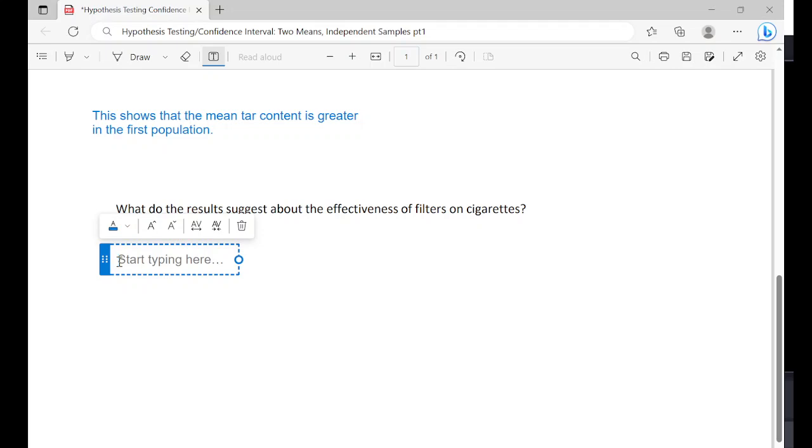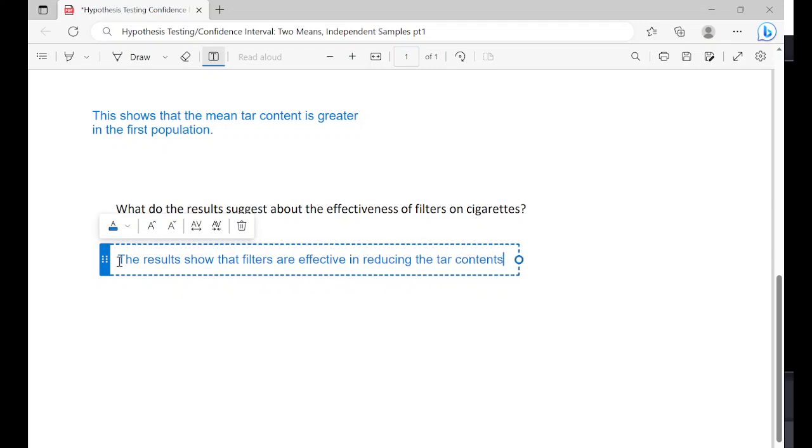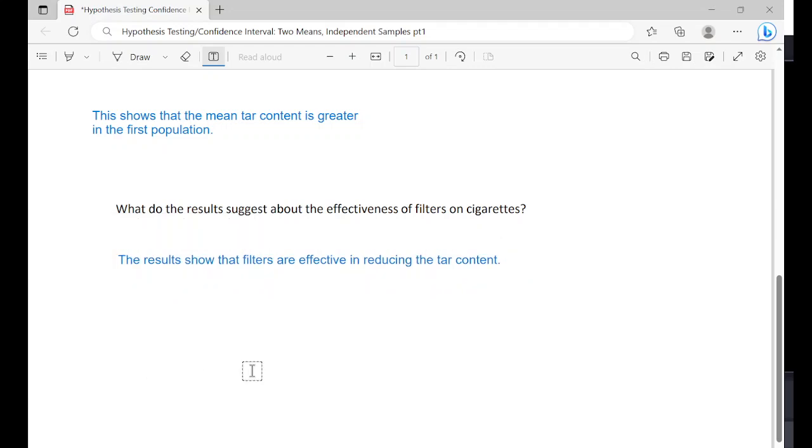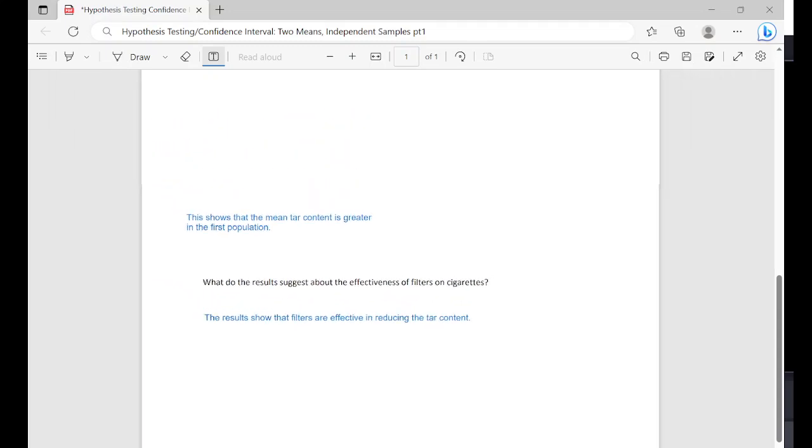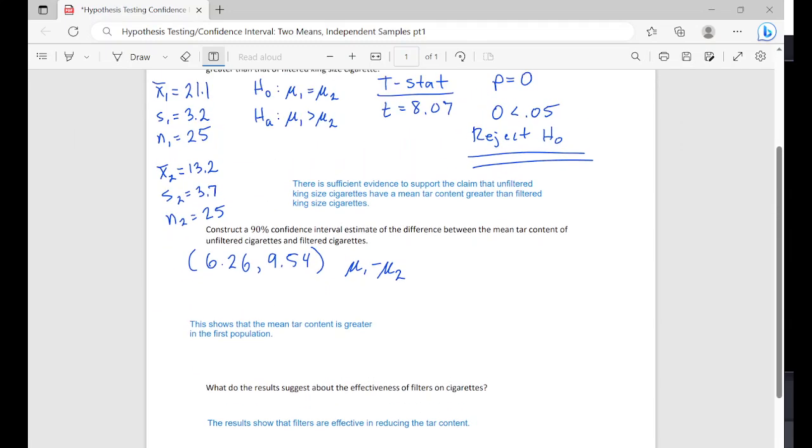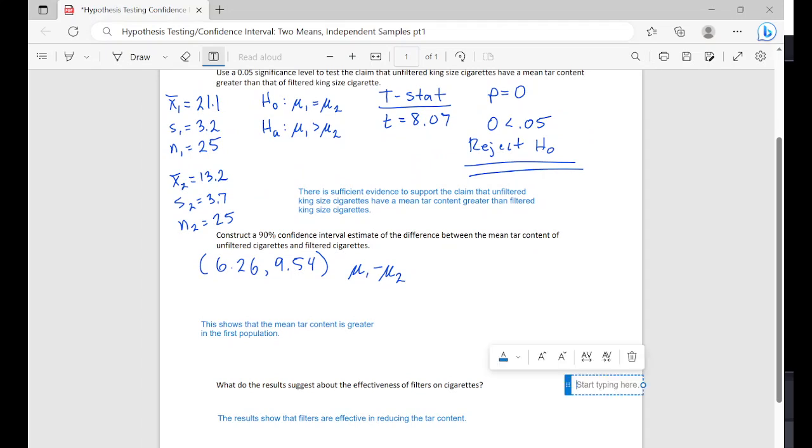So we can say that the results show that filters are effective in reducing the tar content. Simple, easy, and to the point. The results show that the filters are effective. And it is shown by looking at everything we've done. The hypothesis test showed it, and the interval showed it as well. And that's all for this one.